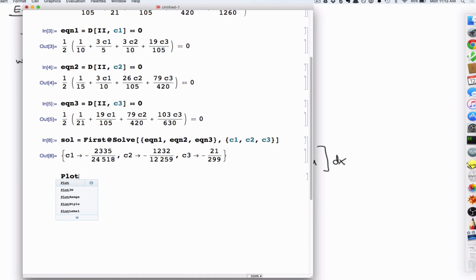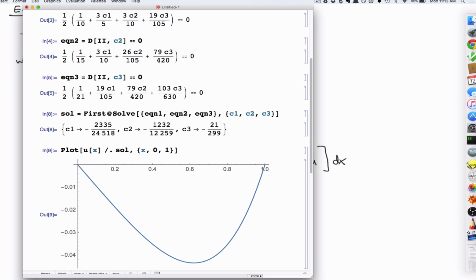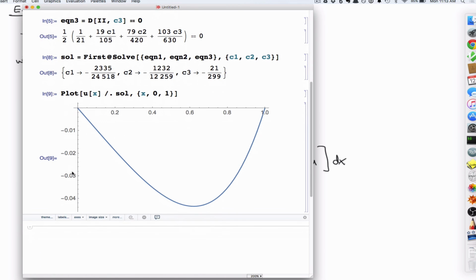So then I can plot that. So there's my approximate solution to the differential equation.